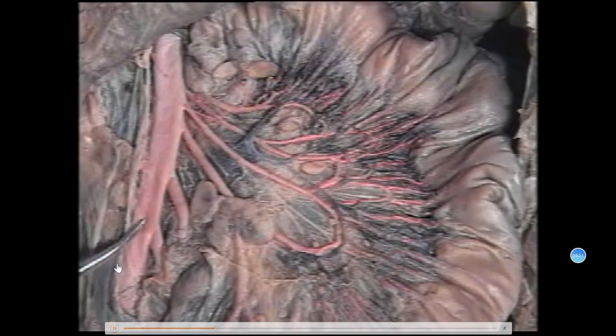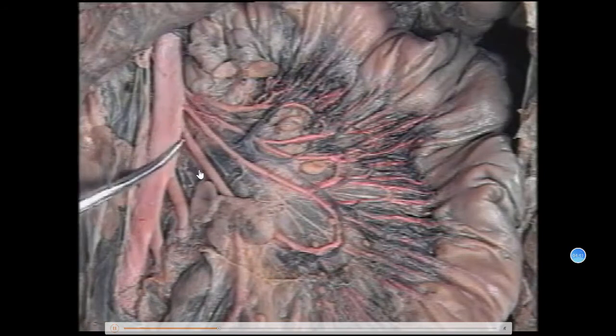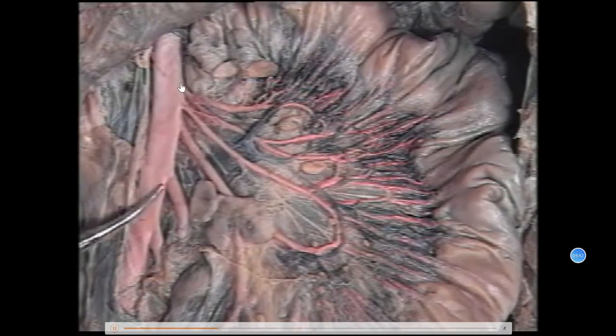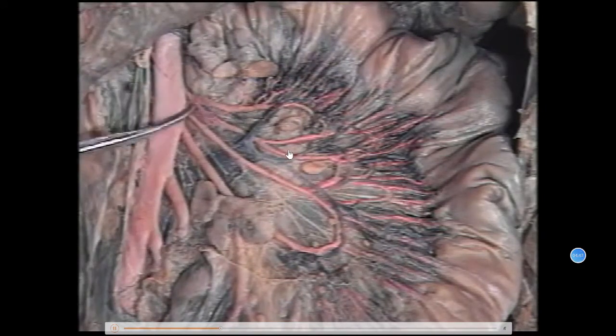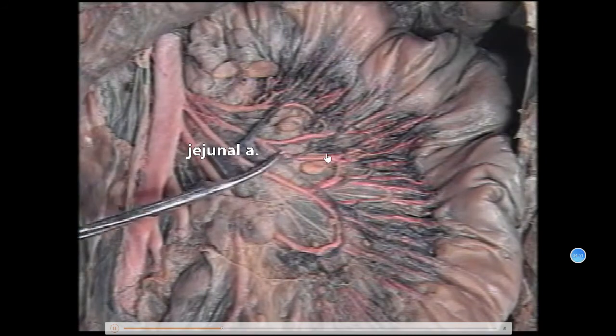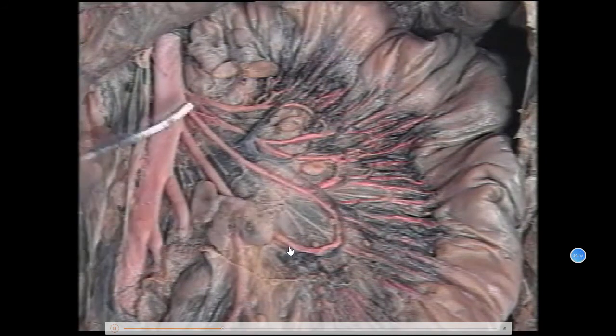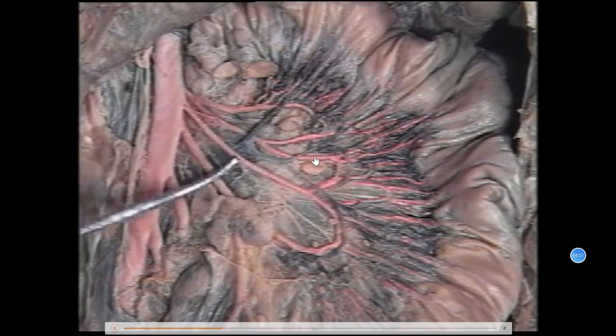Now the trunk of superior mesenteric artery. These branches, they are jejunal arteries from the left wall of this trunk. To form the arterial arch, there are lymph nodes inside the mesentery.